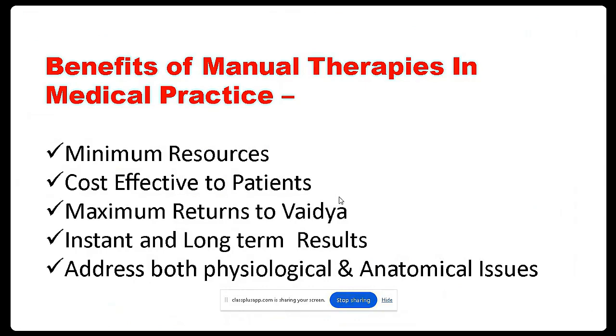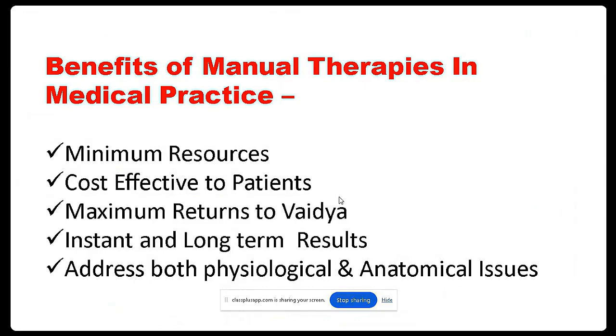But all the kinds of manual therapies, it might be soft tissue mobilization, might be chiropractic, might be osteopathy, might be myofascial trigger point release, might be strain counter strain release technique. There may be a fascial distortion model, that is the FDM technique.